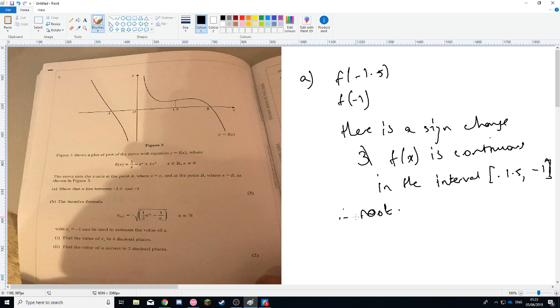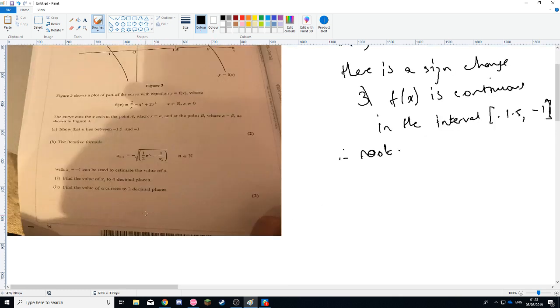Iterative formula: so this is a Newton-Raphson, but yeah. With x1 equals minus 1, x2 is equal to square root of minus half e to the x1 minus 1, over x1. So you go to your calculator, you first type in minus 1 and say equals, and that's answer.